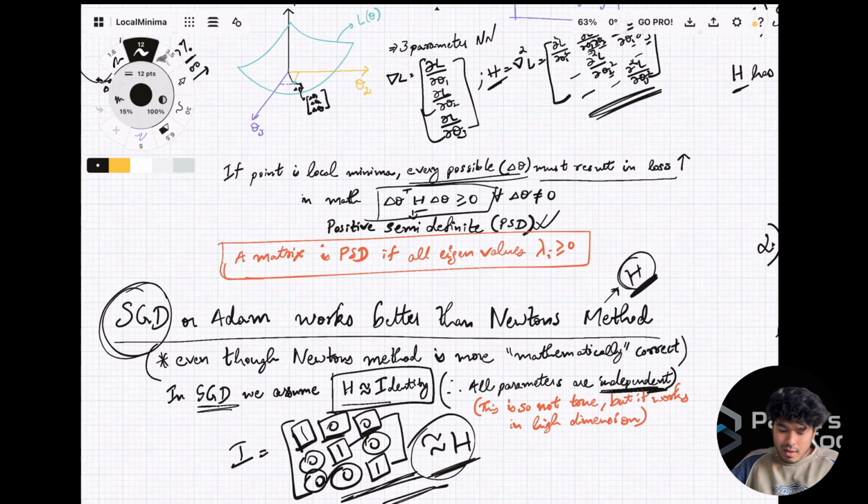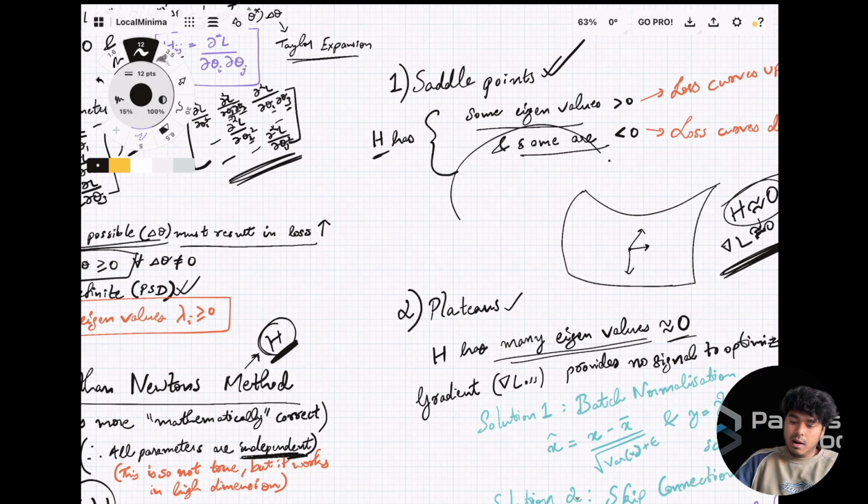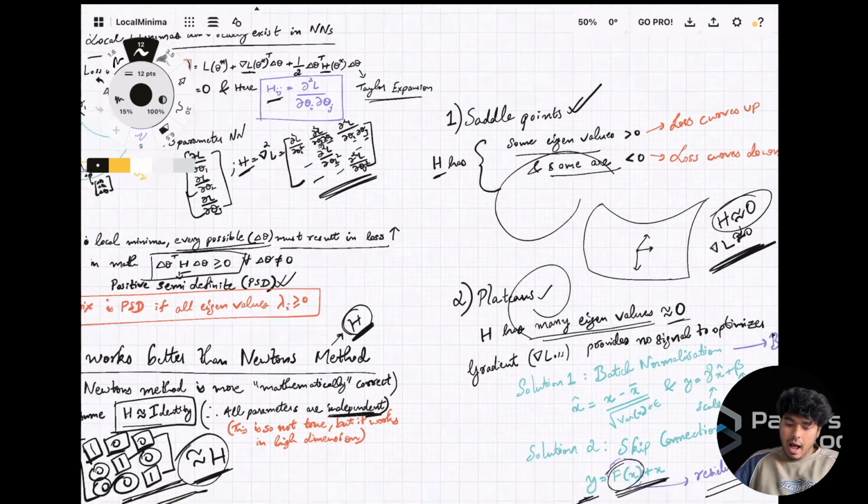And Adam stores a moving average of the gradients. That's what we call momentum. Some people call it velocity and things like that. That's how we use this cache which we store to get over these saddle points and these plateaus. And that's how Adam works.